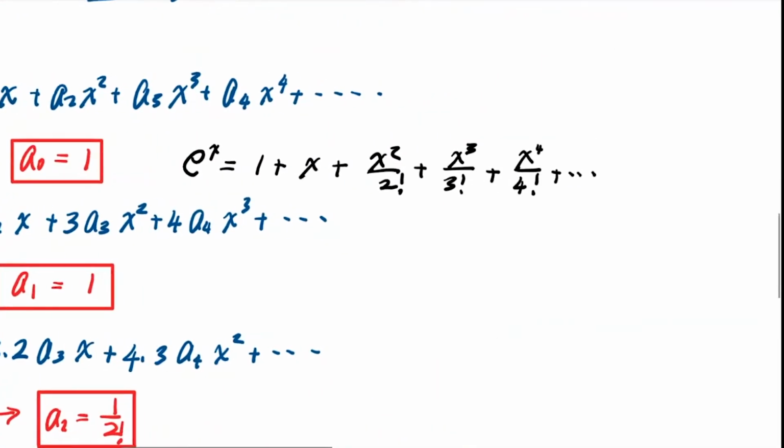So e to the x should be the sum of, tell me what to write. What do you want to start n from? And we have to have something like that over n factorial, from 0 to infinity. I told you most series in this business start from 0, and this is why. Do you believe it? No, you don't, right? It's like, are you kidding me?